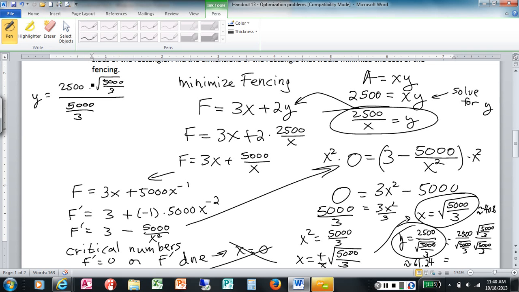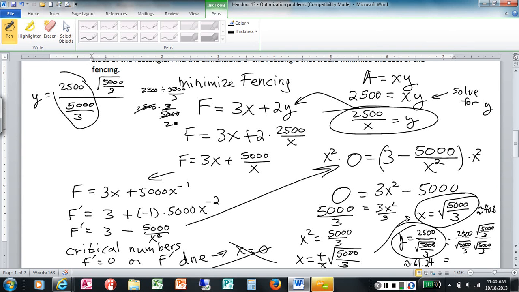Now let me focus on this right here. 2,500 divided by 5,000 over 3, right? Well, that's 2,500 times 3 over 5,000, which the 2,500 will cancel into 5,000, leaving me 2 on the bottom.